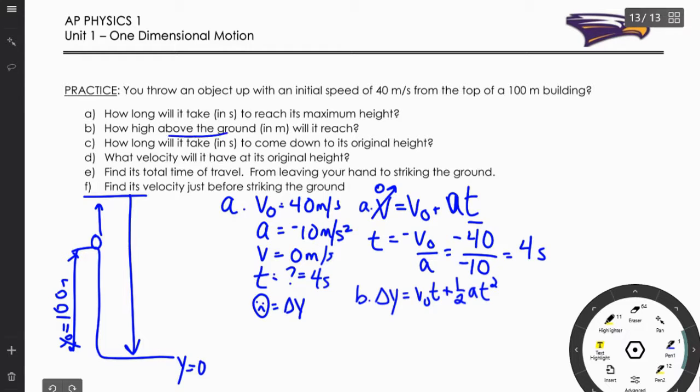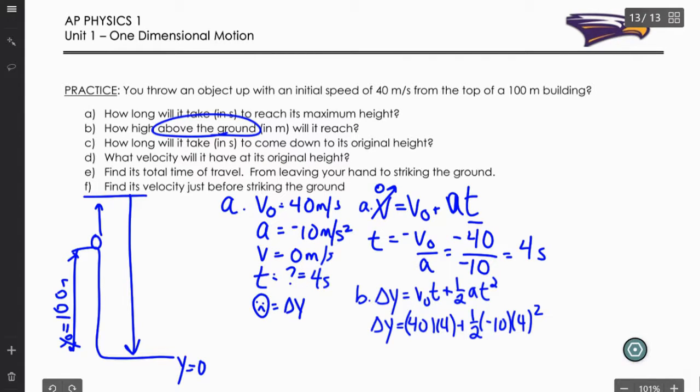But you do have to be careful because it says how far above the ground. Ultimately, we're going to have to add in the 100 meters that we're already up. So delta y equals 40 times 4 plus 1/2 times negative 10 times 4 squared. That's going to be 160 minus 80. So it's going to be a displacement of 80 meters.